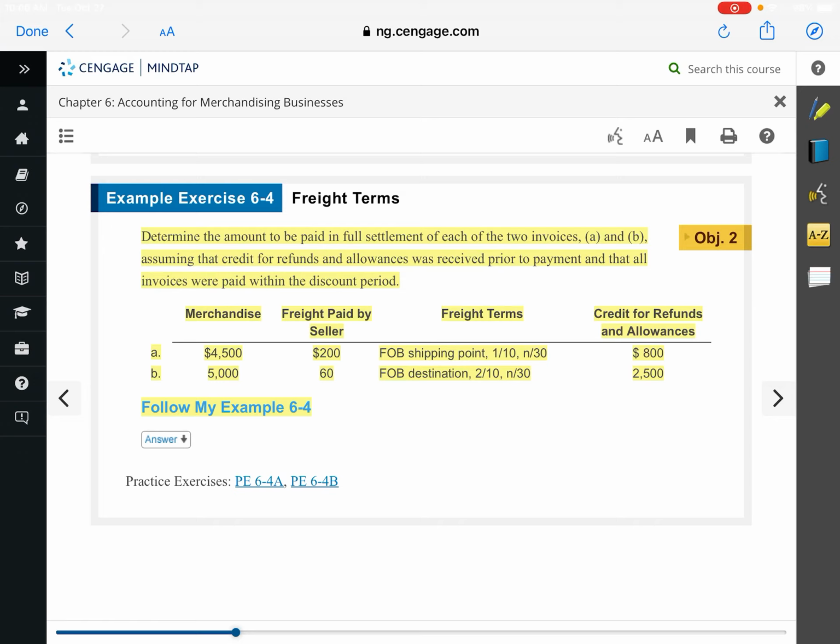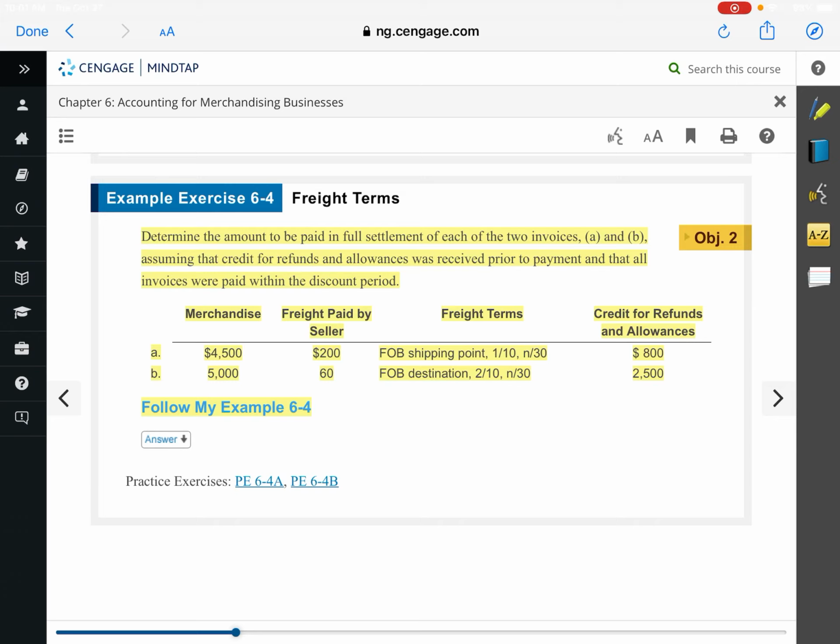So are you guys with me so far? Oh, I messed that up. We're jumping ahead. 4,455 minus 792 is $3,663. Okay. So that's the amount of merchandise that we purchased.